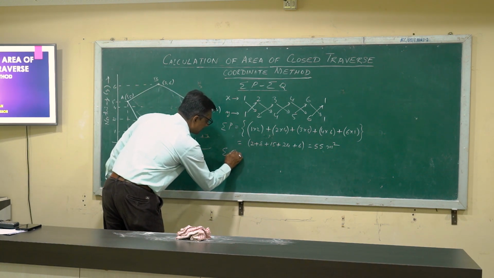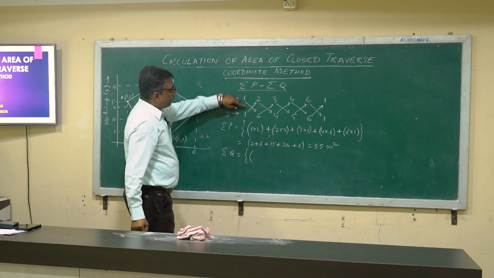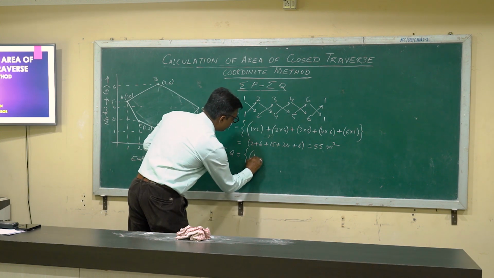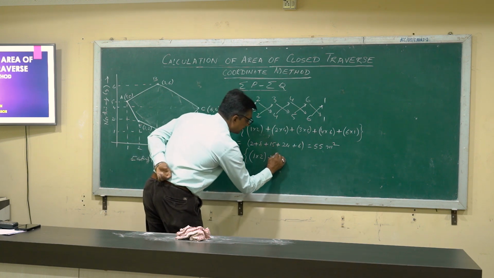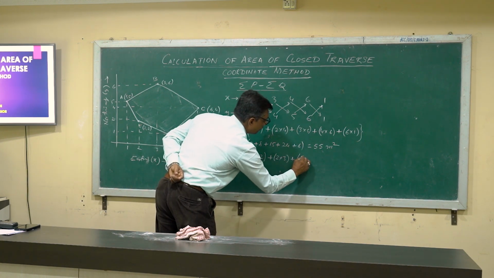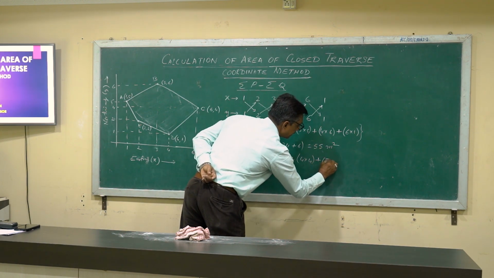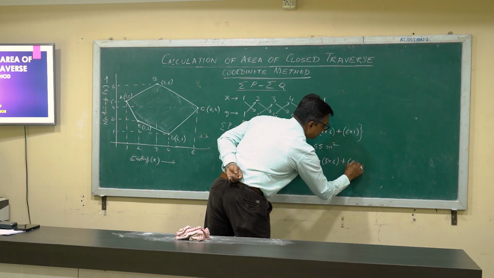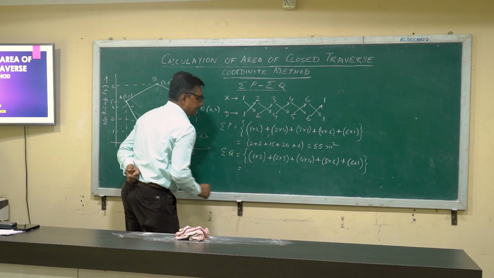Next, summation Q is equal to, it is represented by y. So it is 1 times 2 plus 2 times 3 plus 4 times 4 plus 5 times 6 plus 6 times 1. So what will you get?